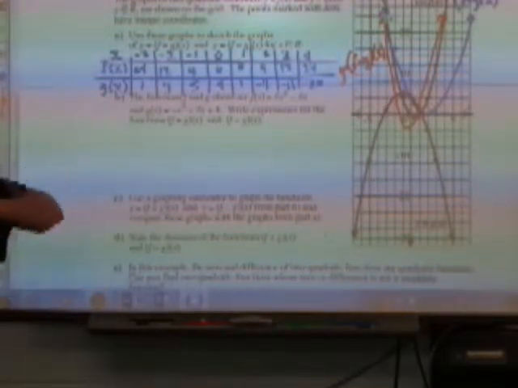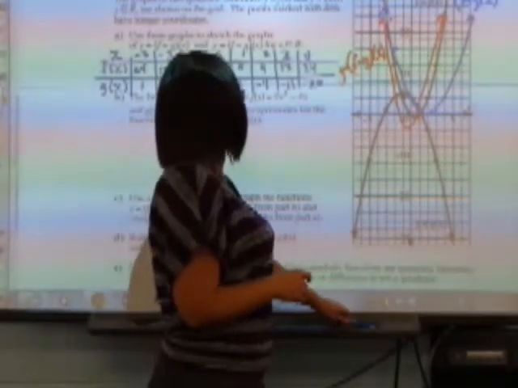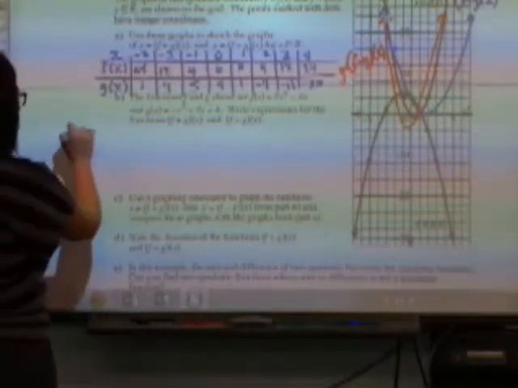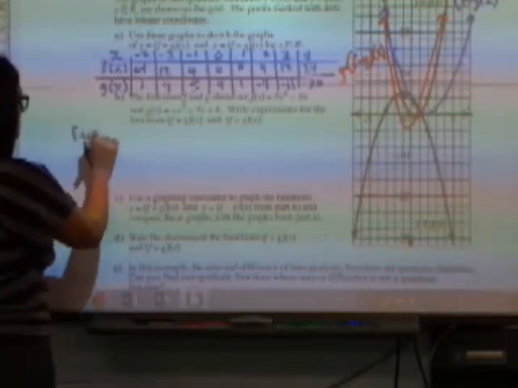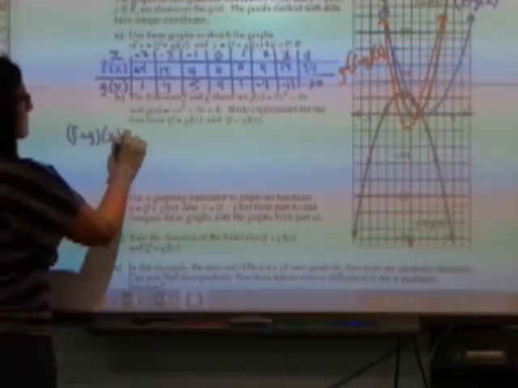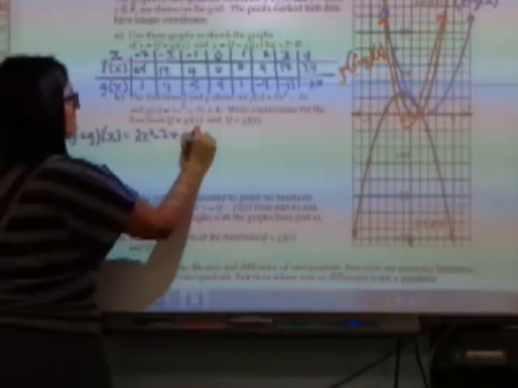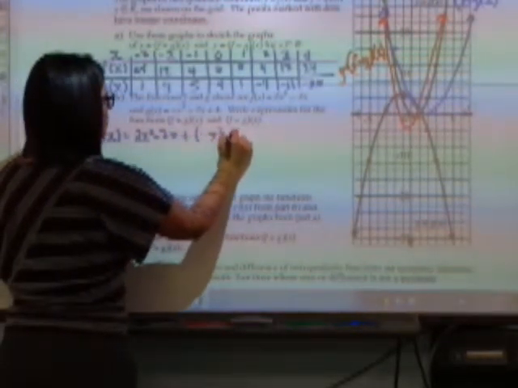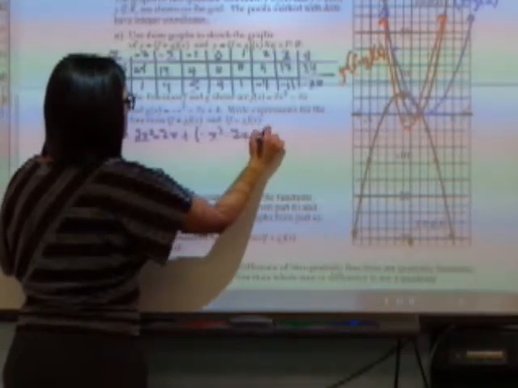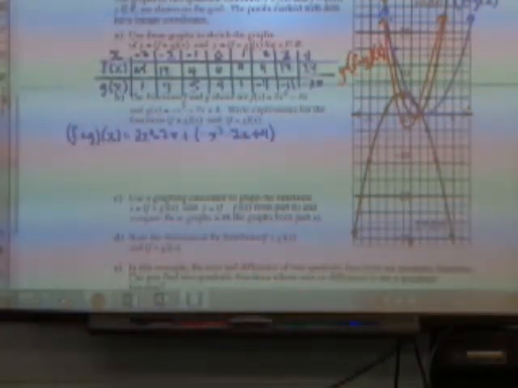So if I give you the functions for the expressions, f of x equals 2x squared minus 2x, and g of x equals -x squared minus 2x plus 4. If I add these two functions together, I get 2x squared minus 2x plus -x squared minus 2x plus 4.